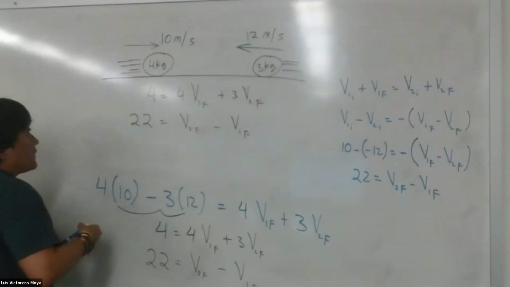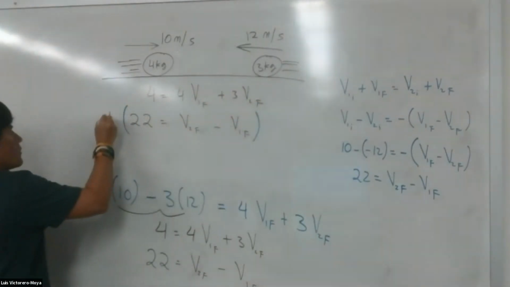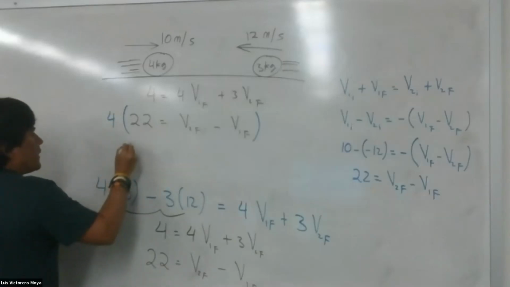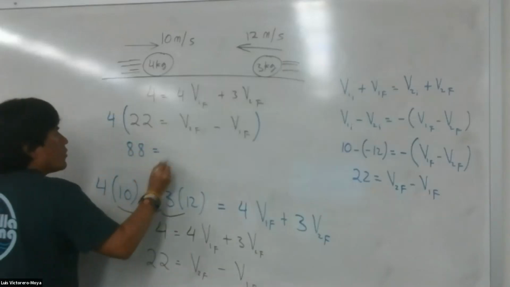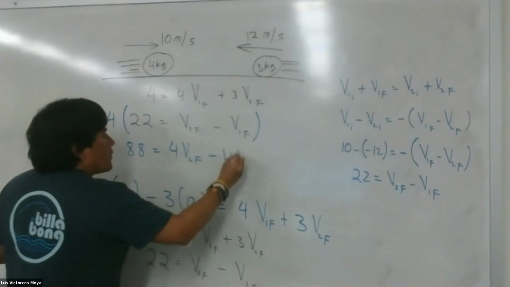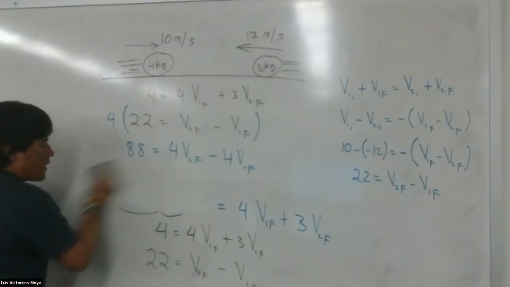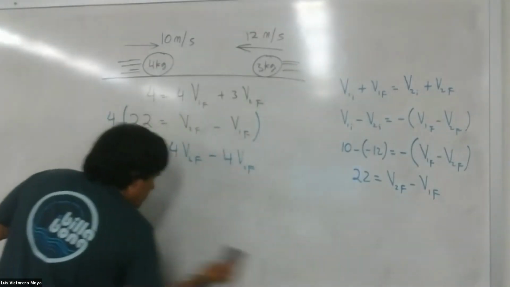I'm going to multiply this equation by 4 because I will get 88 equals 4 V2 final minus 4 V1 final. So now I can erase this.